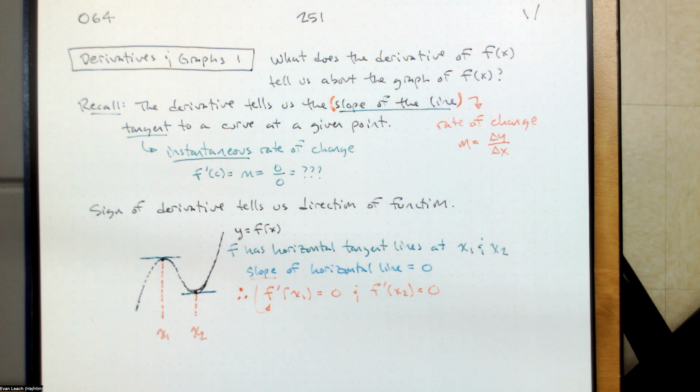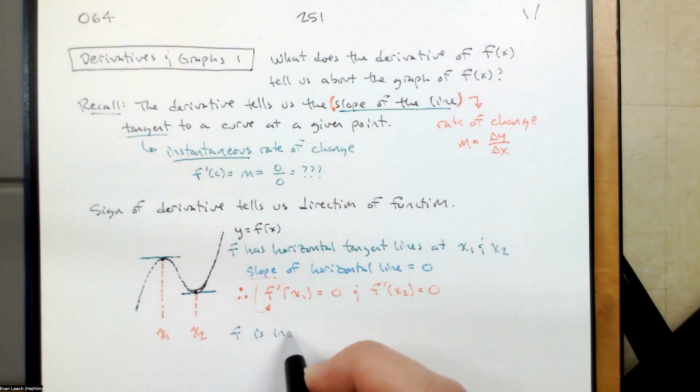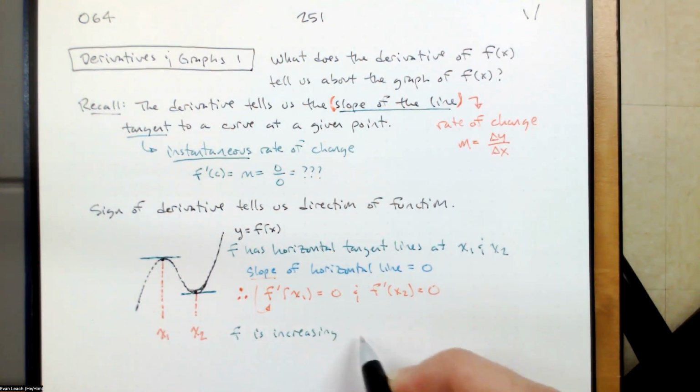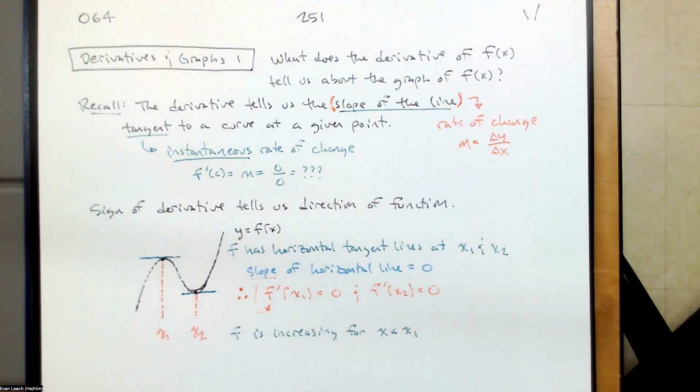We see that before x1, the function is increasing. The values of the function are getting larger. So for x less than x1, the function is increasing. It's neither increasing nor decreasing when x equals x1, so it's increasing for x strictly less than x1.